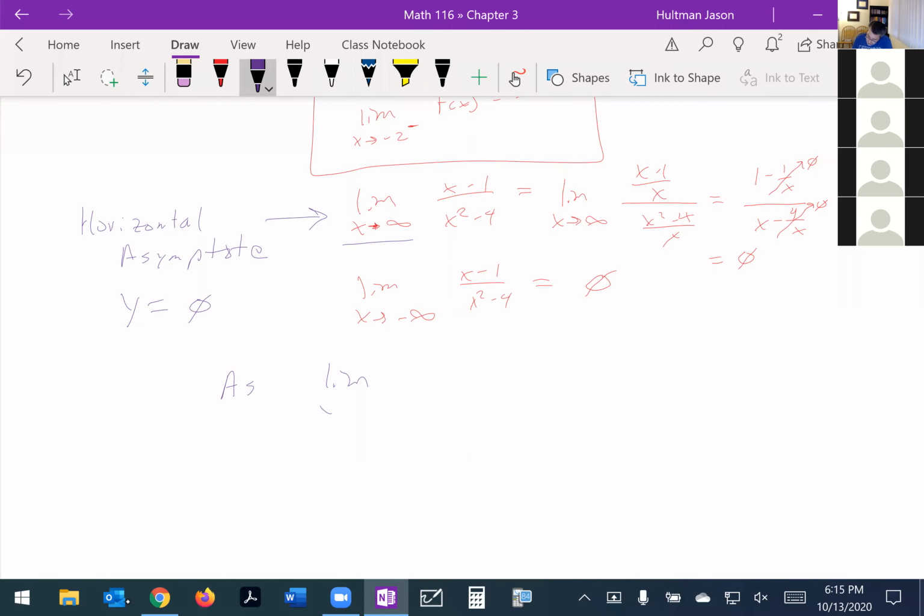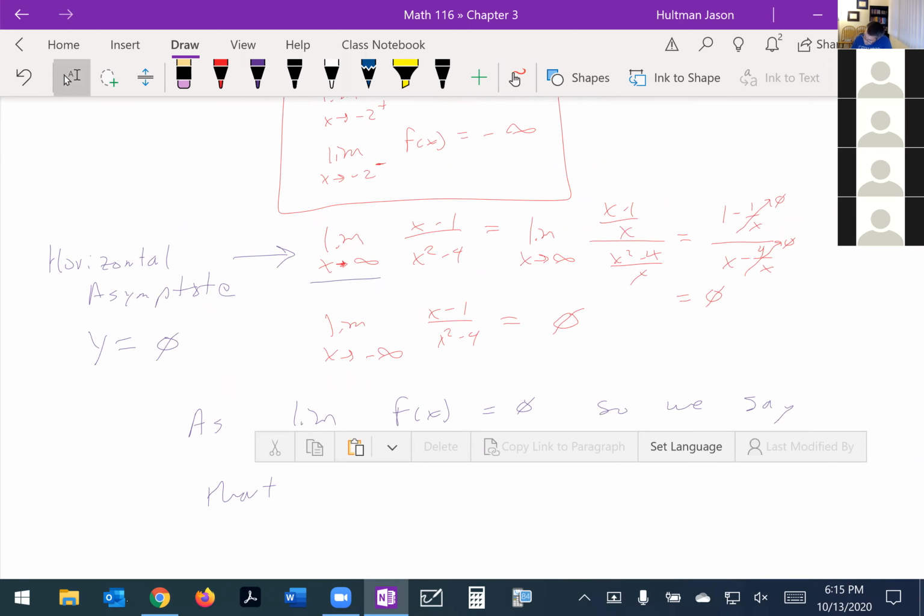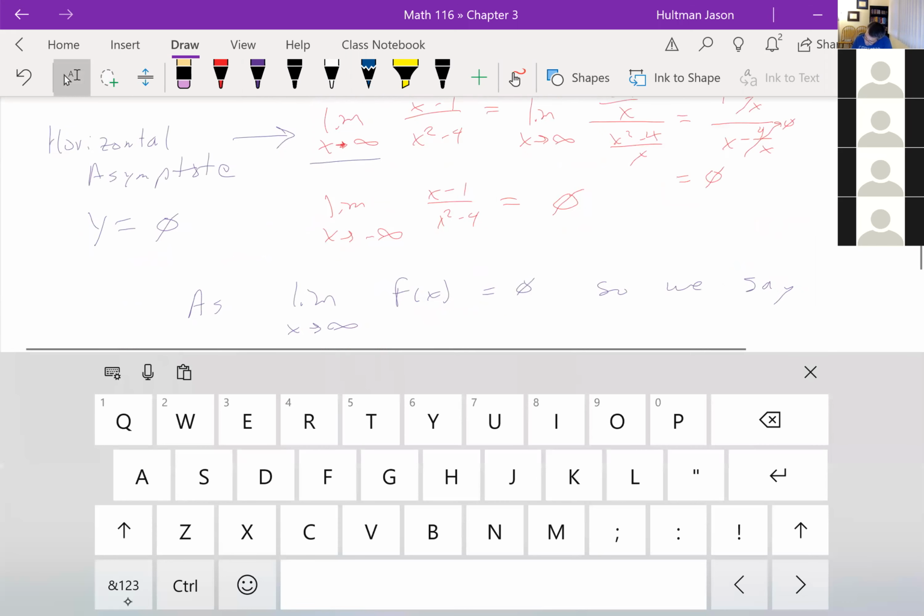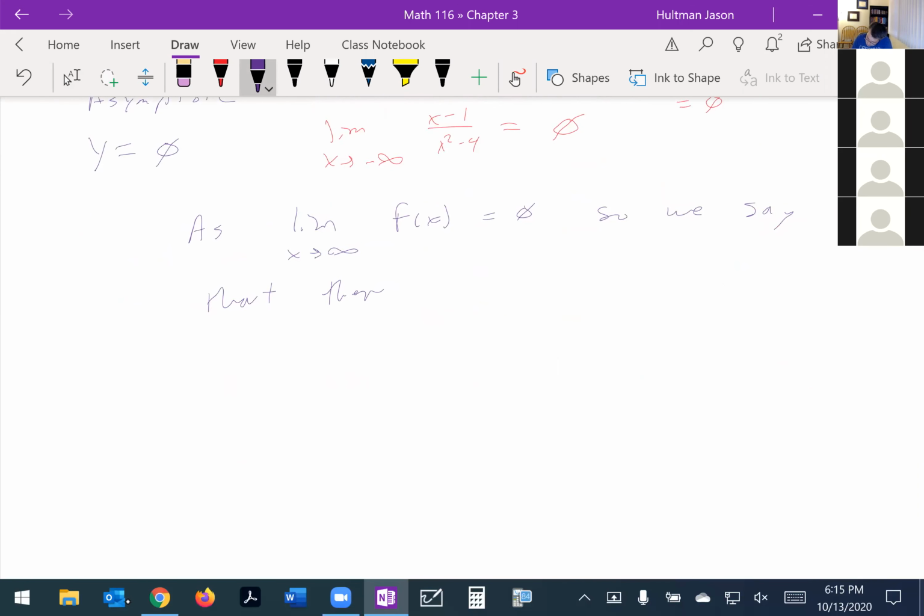The limit as x approaches infinity of f of x equals 0, so we say that there is a horizontal asymptote at f of x equals 0.